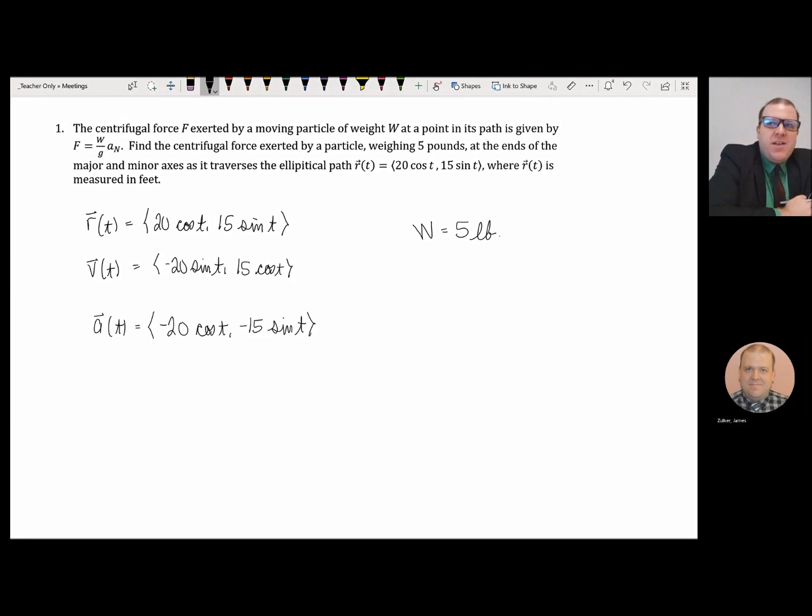We know the weight to be 5 pounds. What is little g going to be?